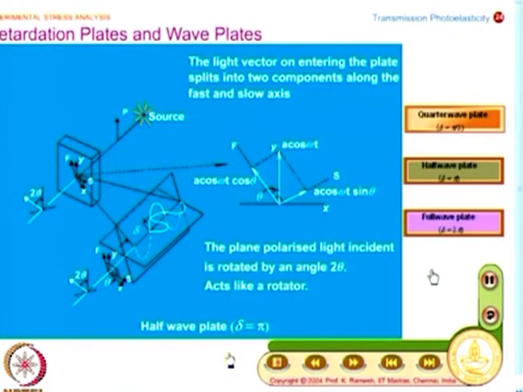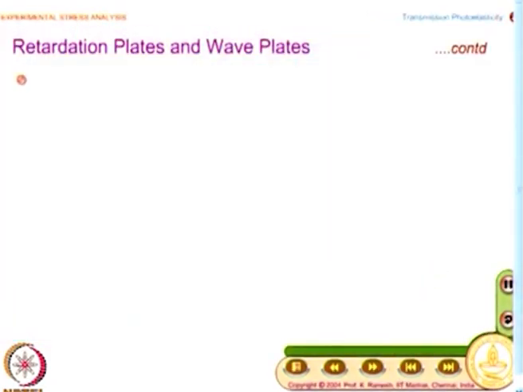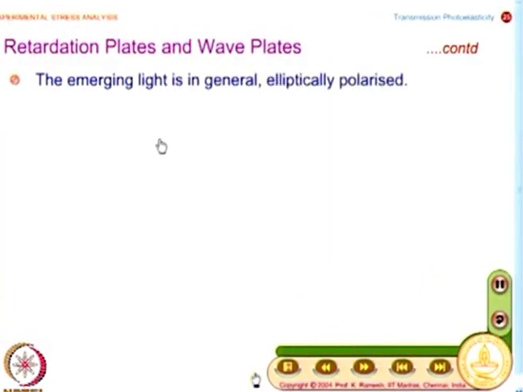And let us summarize these concepts, which are also summarized in this slide. The first observation is when I have a crystal plate, even when I send a linearly polarized light impinging on the crystal plate, the emerging light is in general elliptically polarized. So, that is the general observation number 1.